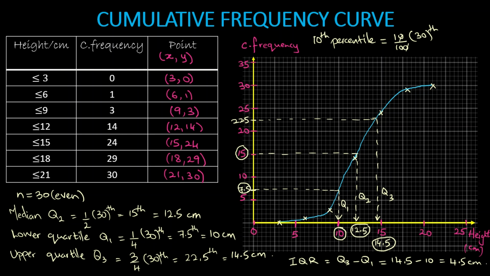And this gives simply the third value, and on the CF axis the third value 1, 2, 3. So we are here. Again, we draw a horizontal line till we reach the curve, and from there we go down, and here the value is 9 centimeters.